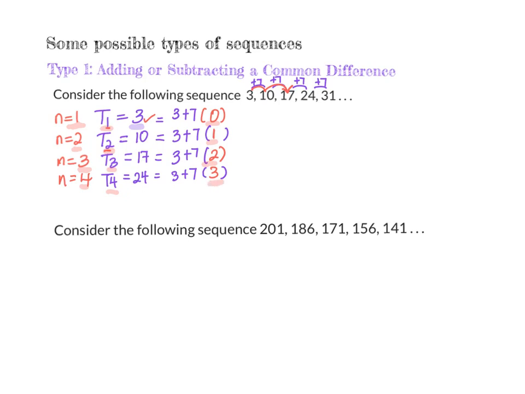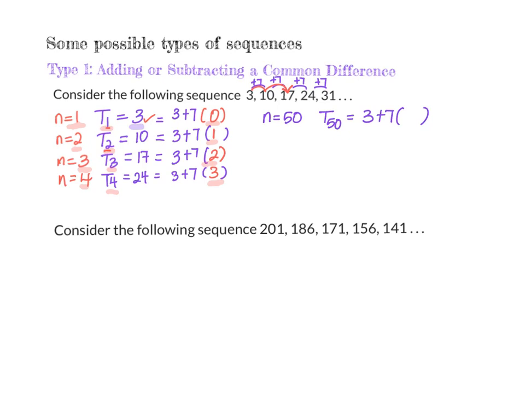Can you tell me if n is now equals to 50, my term 50 following this pattern will be what number? That means I will take 3, I'm going to add 7, but how many times of 7 am I going to add?